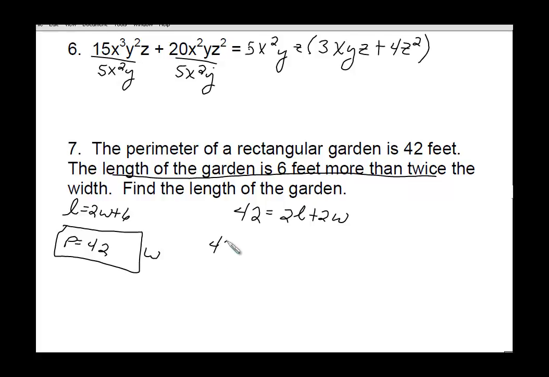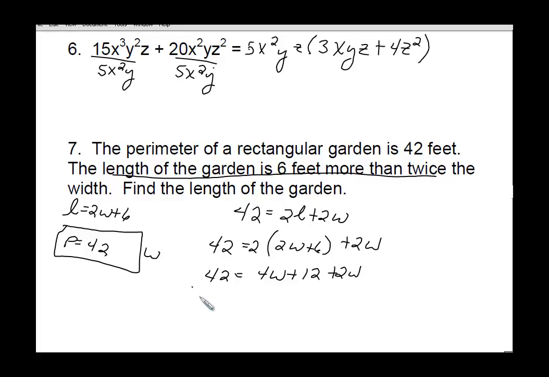And then we're going to use substitution to solve this. So you have 2 times (2W plus 6) plus 2W. This is review for you, should be. 42 then is equal to 4W plus 12, and you still have your plus 2W.